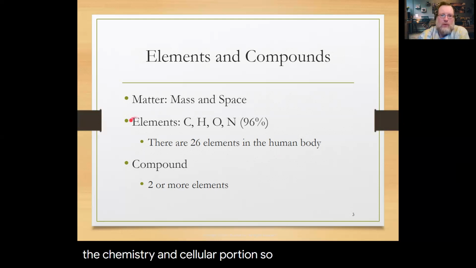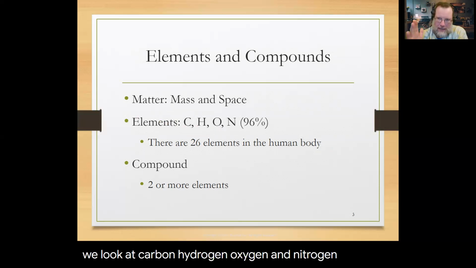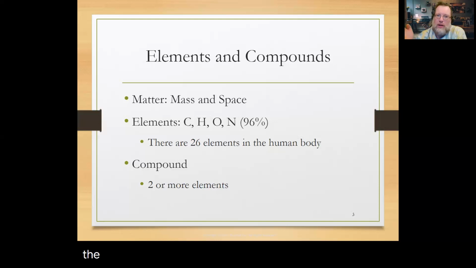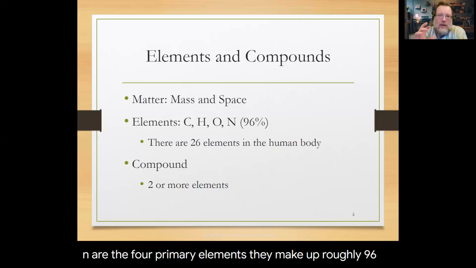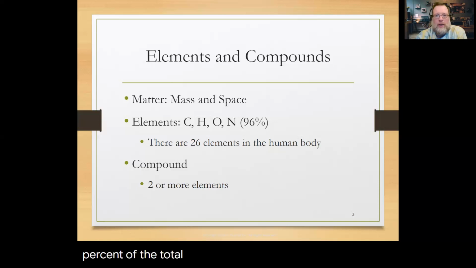So when we look at the chemistry and the elements that are primarily involved, we look at carbon, hydrogen, oxygen, and nitrogen. C, H, O, and N are the four primary elements. They make up roughly 96% of the total elements in the body. So there are 22 others in addition to these four that make up the other 4%.